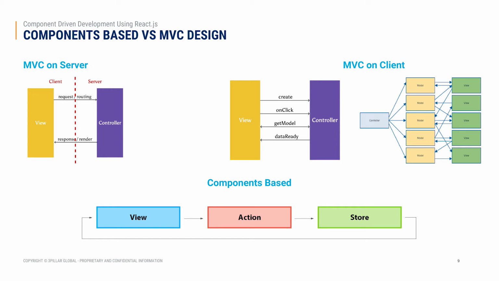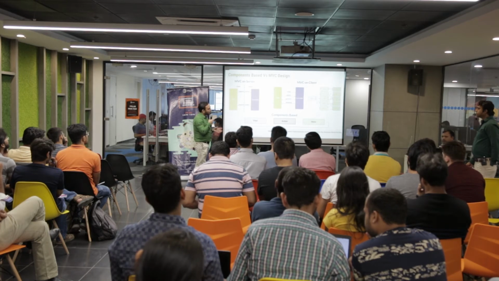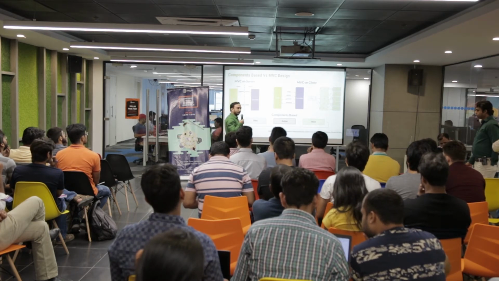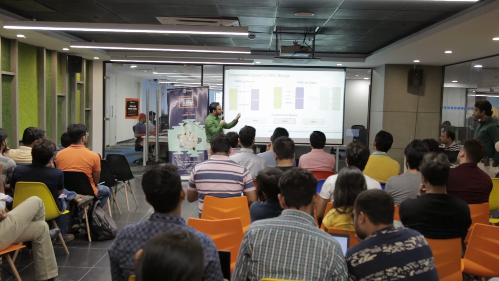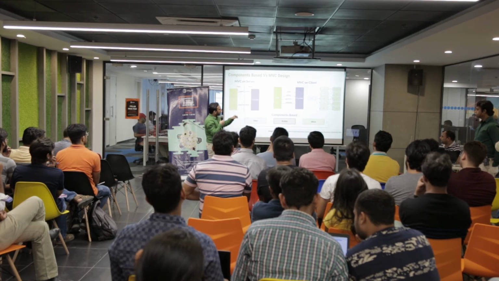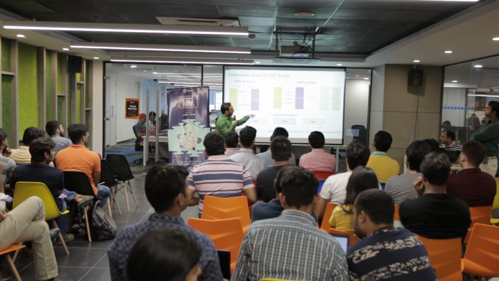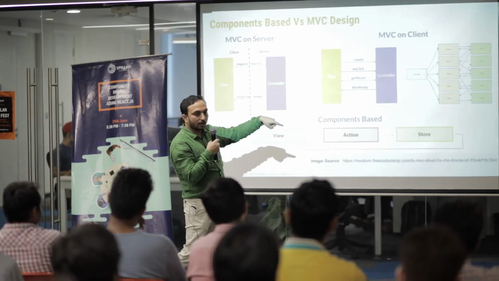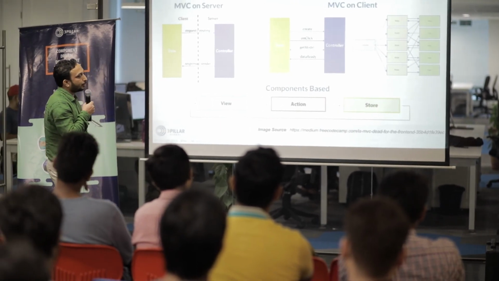In large applications it's very difficult to determine what the data flow is. That's the biggest challenge, because it's not predictable at all where the data for a particular view is coming from, because there are multiple models which might be managing the same view. That's the biggest problem with that approach.